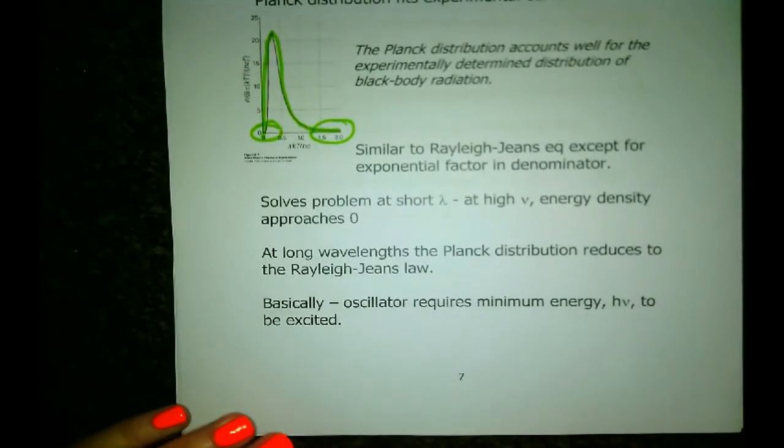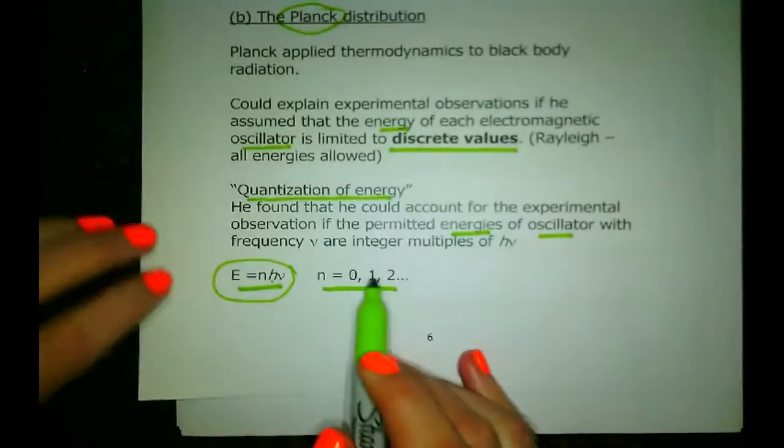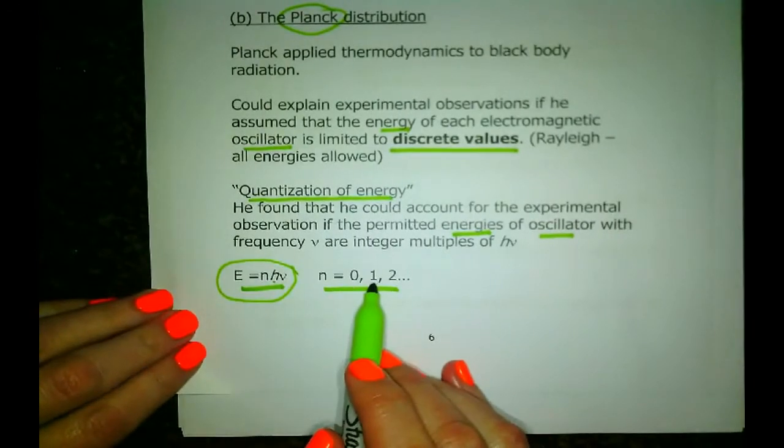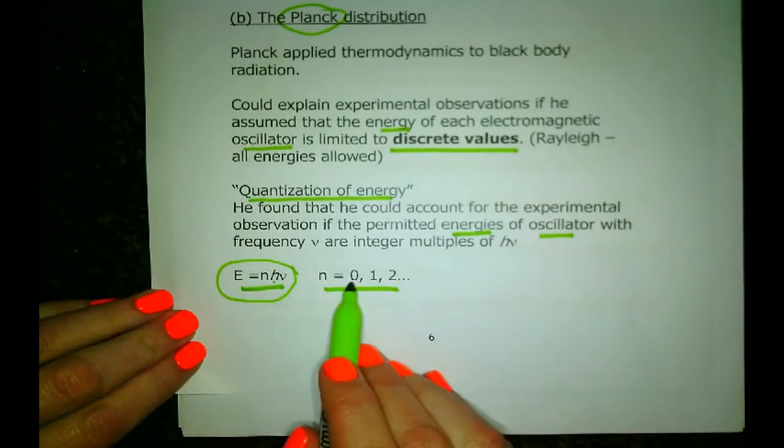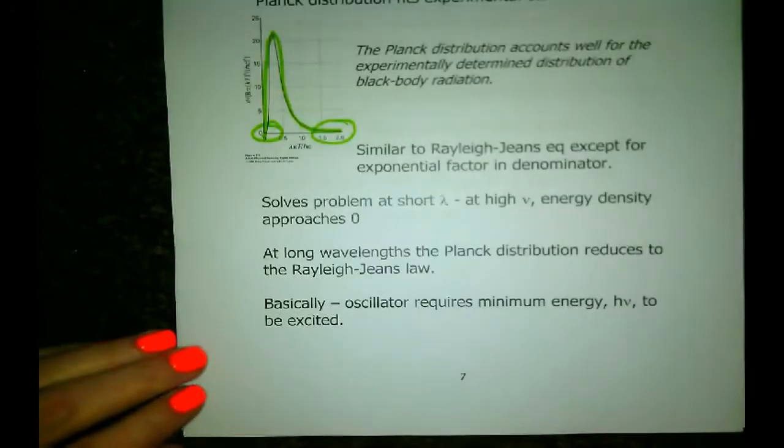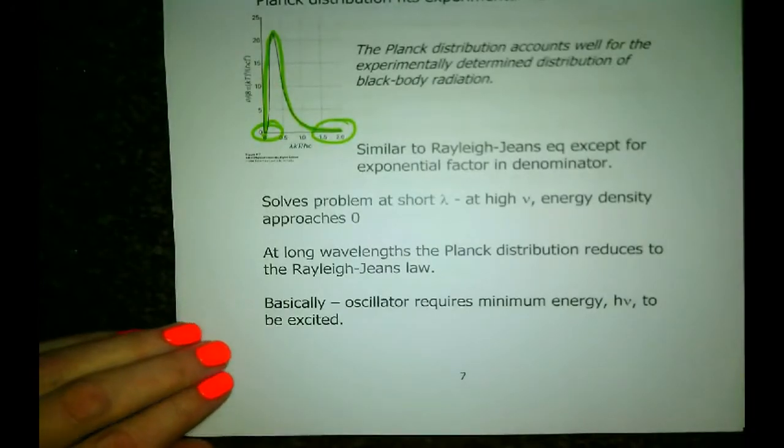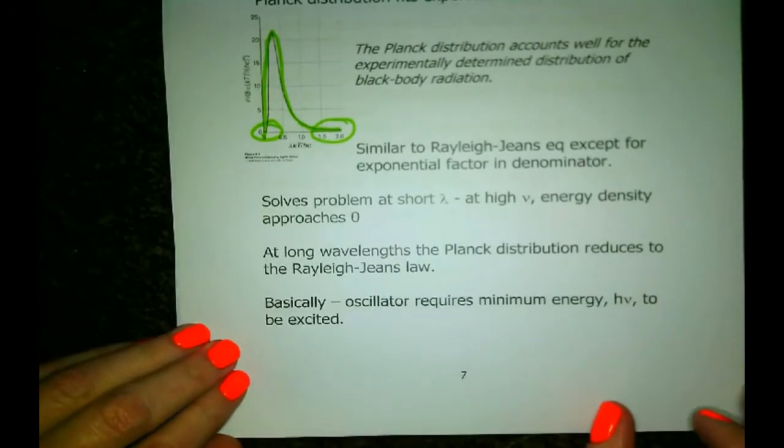So by introducing the idea of quantization, only certain allowed energies and this quantum number, so n is known as a quantum number, it limits the energies to certain values. It solves the problem of blackbody radiation.